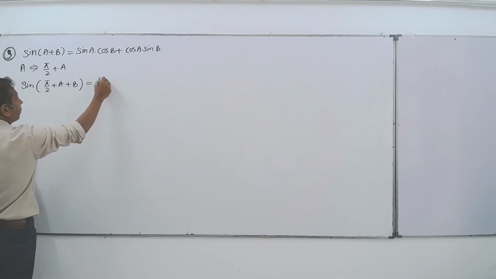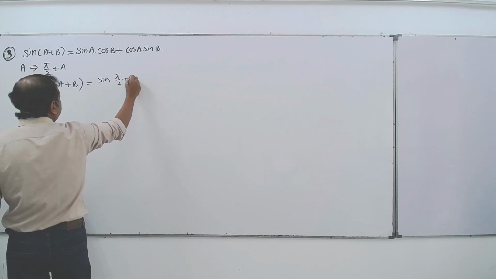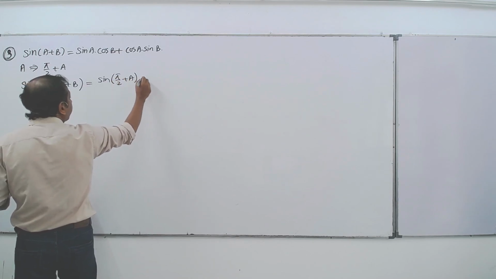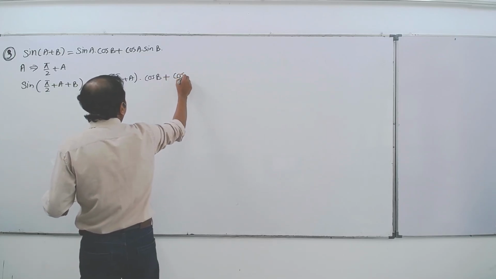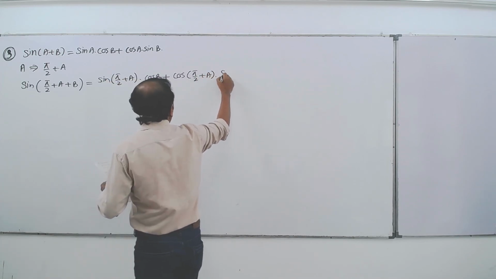On the right hand side, for A we put pi by 2 plus A, cos B, cos pi by 2 plus A sin B.